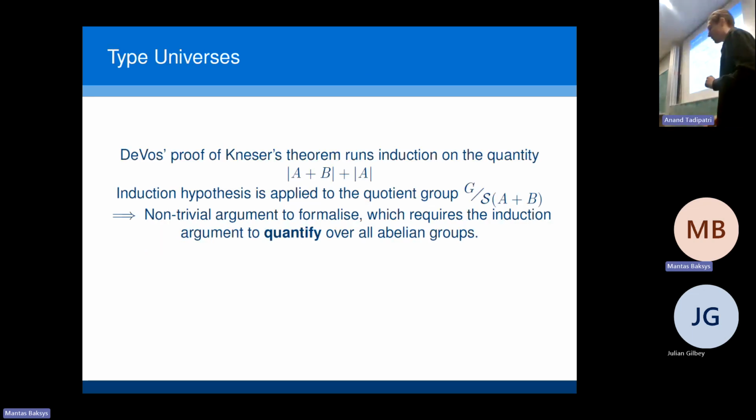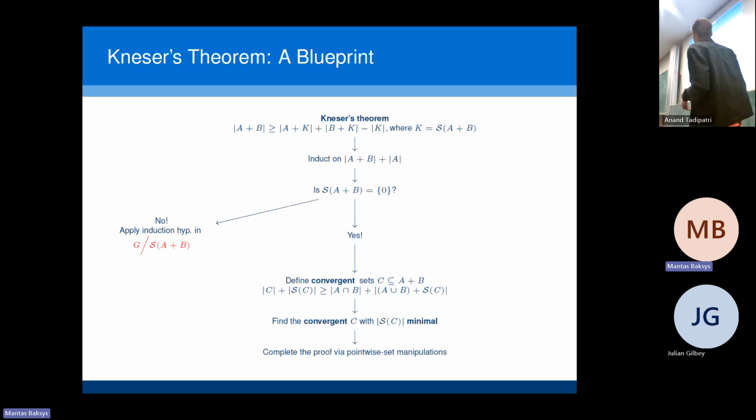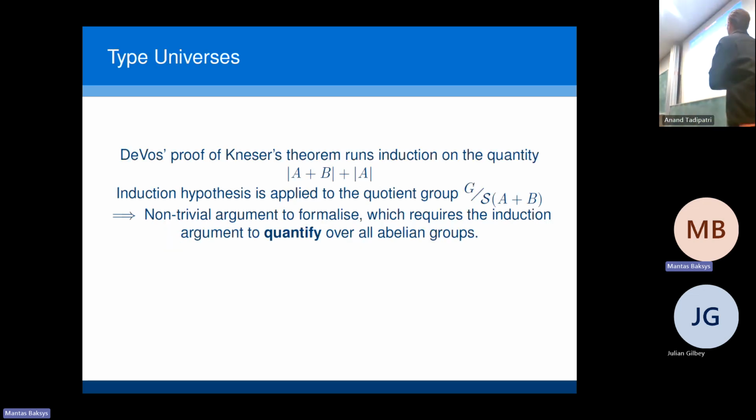So there was a point on why I put this quotient group in red here, and this is going to be the thing I talk about in the next few slides. The proof by Devos uses the specialization of the induction hypothesis to a different group than the base group in which the theorem is based.